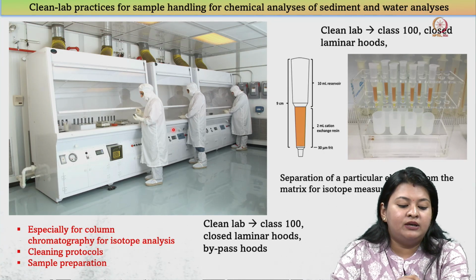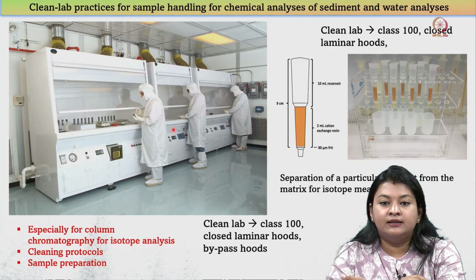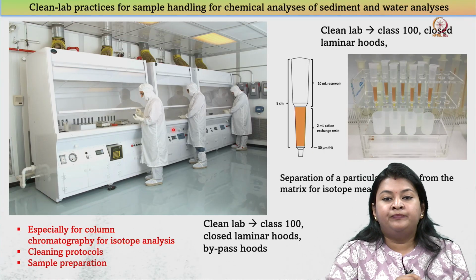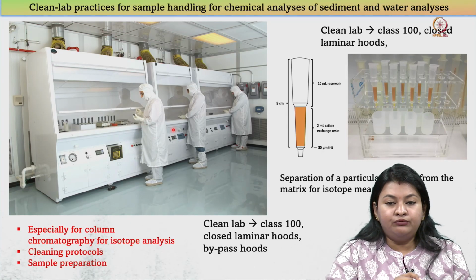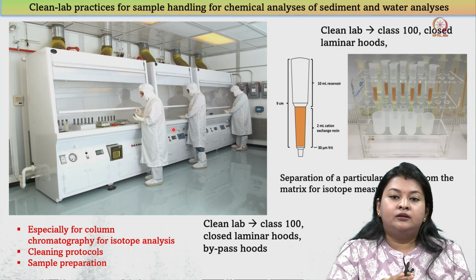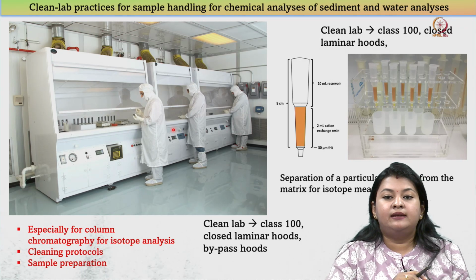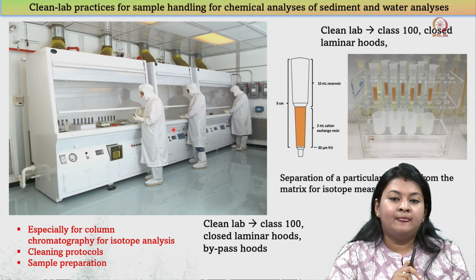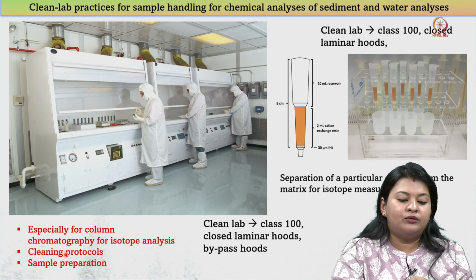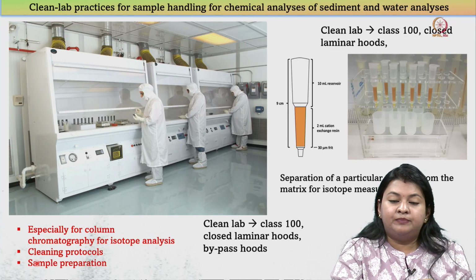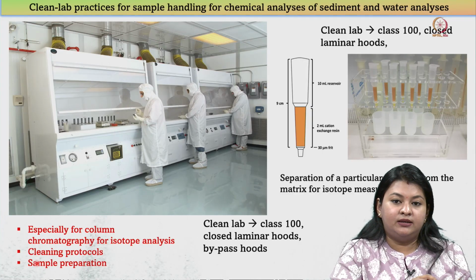When we are going to clean the vials for collecting samples, or do any kind of analysis, before that all the acids may have to be distilled and your vials have to be cleaned. So, all the cleaning protocols have to be followed, and that is followed only in a clean room. Sample preparation may have to be done in a clean room.